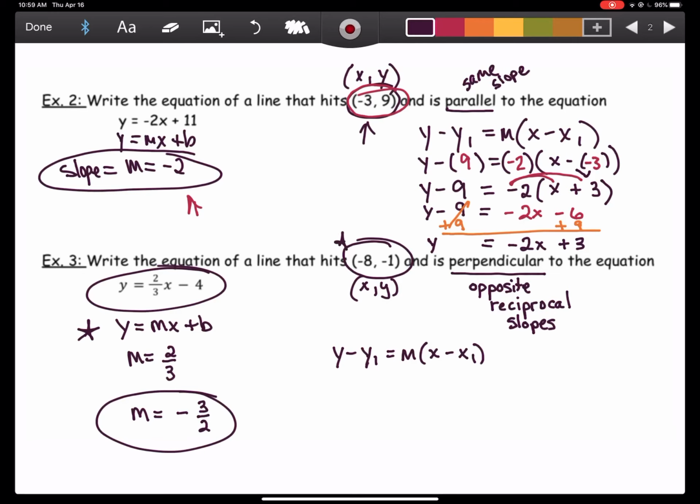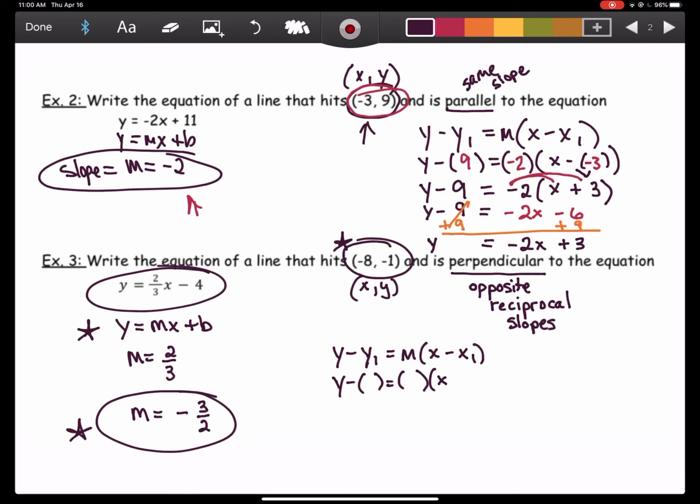I have a point. And now I've determined what my slope is, because they told me that the slope is perpendicular to the given line, to the given equation. Okay, here we go. So let's substitute with parentheses. Y minus, open parenthesis, close parenthesis, equals m. Replace the m with parentheses.